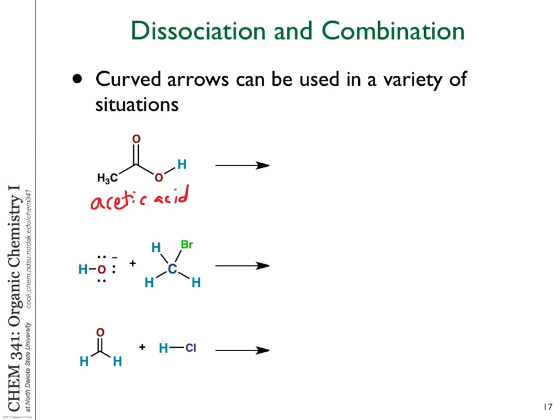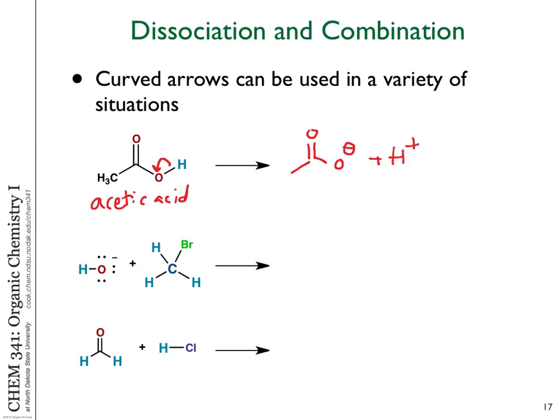So the product here is going to be O minus plus H plus, right? Dissociation of an acid. So how do you draw that? Well, simple. You draw the electrons flowing to the oxygen. Okay, so that's an example of using that curved arrow.